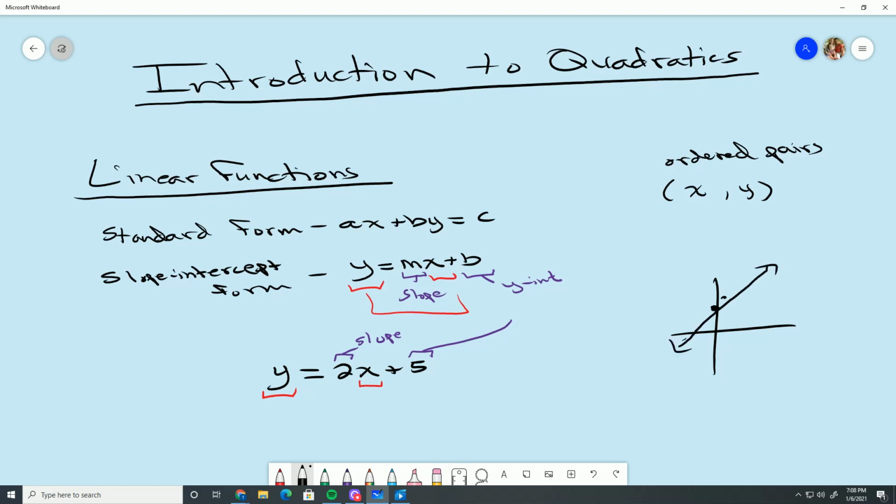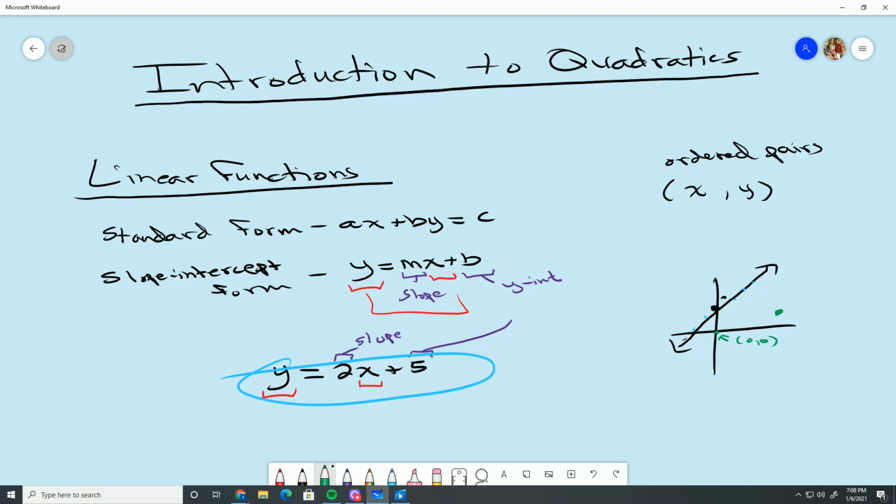The line would look something like that, and basically every single point on this line would satisfy this equation. If you pick some point that's not on the line, over here, it's not going to satisfy this equation. It won't make sense. So for example, let's pick the origin, which is 0, 0.